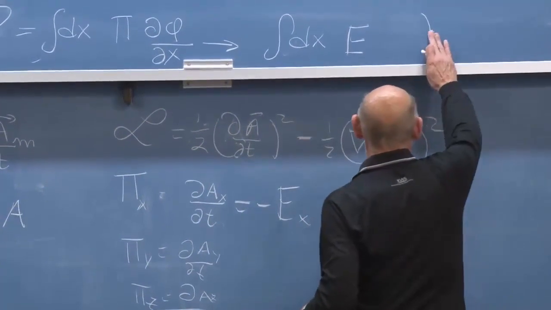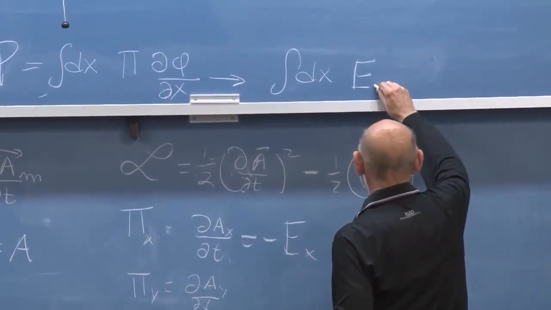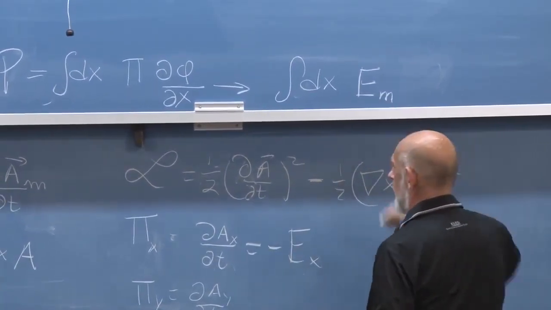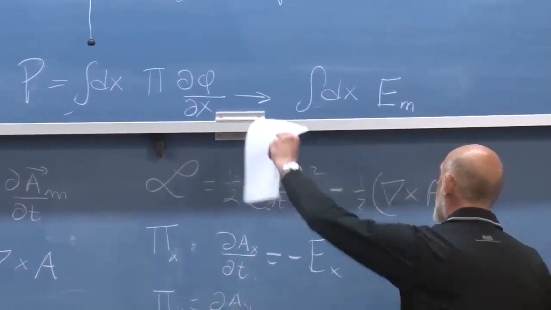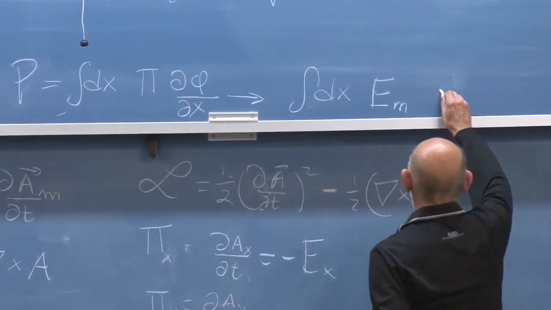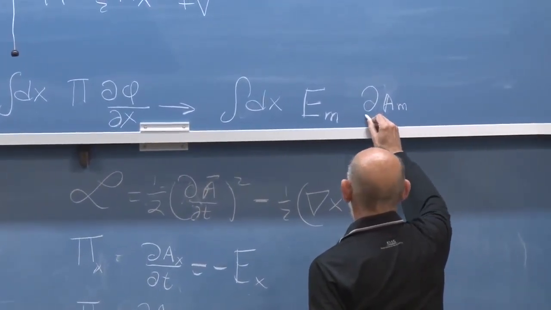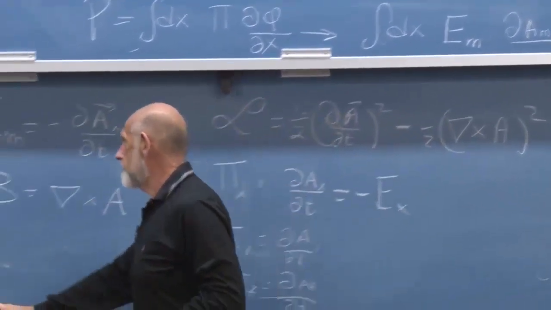It would take me some time to figure it out. But let's just not worry about the sign. The mth component of the electric field is a particular canonical momentum, and then that gets multiplied by dA sub m by, okay, let's get it right.